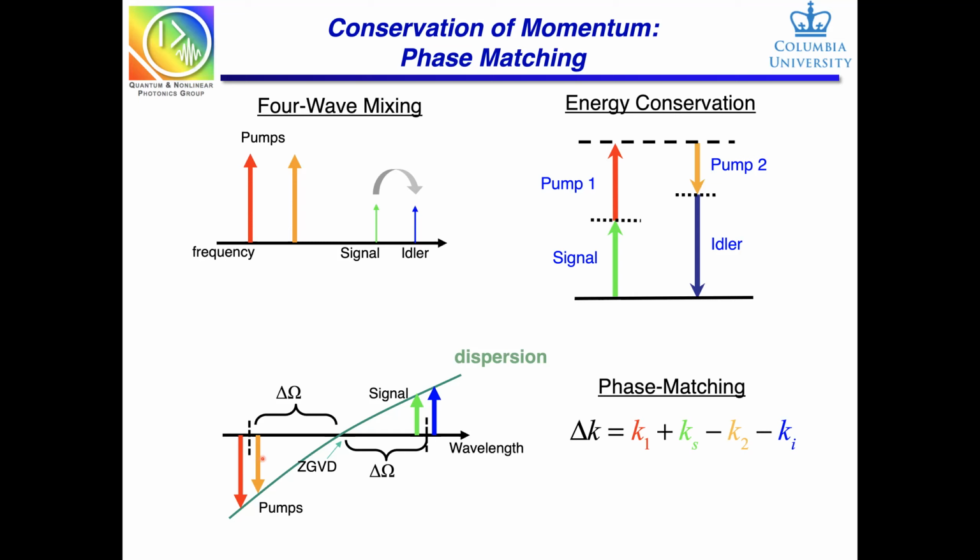And the point of zero group velocity dispersion has to sit right in between, at the average of these two. The group velocity dispersion goes through zero, and at that point I just make sure my signal and idler and my two pumps are symmetrically on either side. Under those conditions, delta K goes to zero.